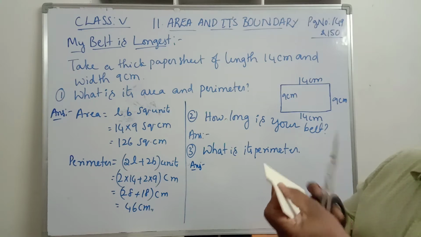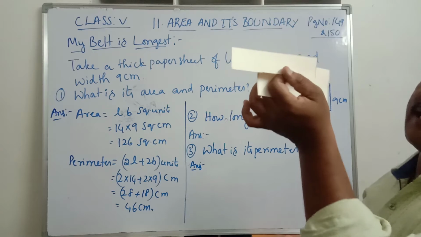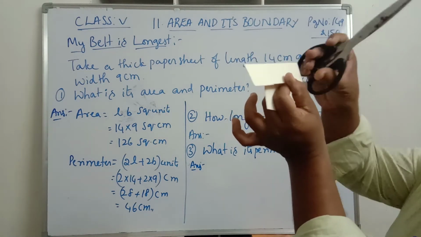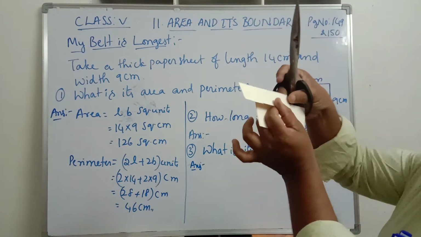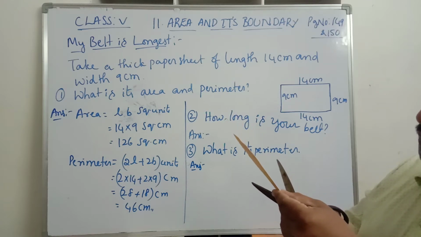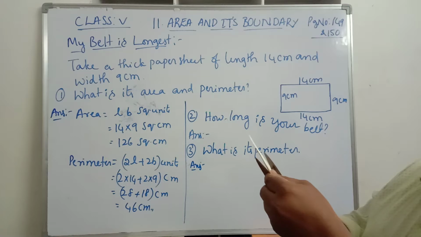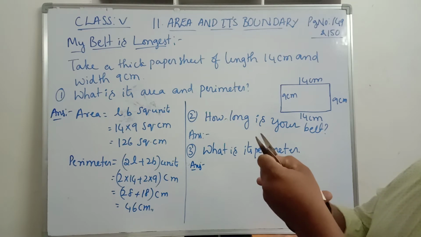I made one part. You see here its length is the same but width is reduced. If you measure this, we will get 3 centimeters as the width and length will be 14 centimeters.